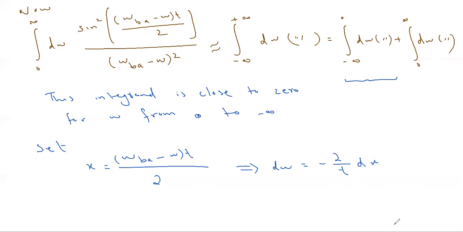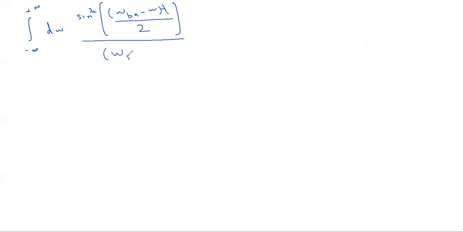Now my integral will become minus infinity to plus infinity d omega sine square omega ba minus omega t over 2 over omega ba minus omega square equals minus infinity to plus infinity.